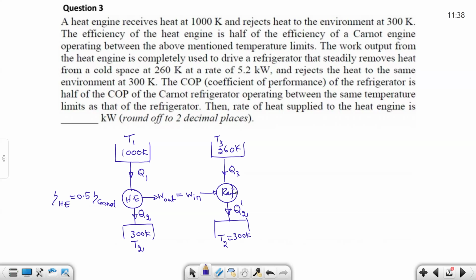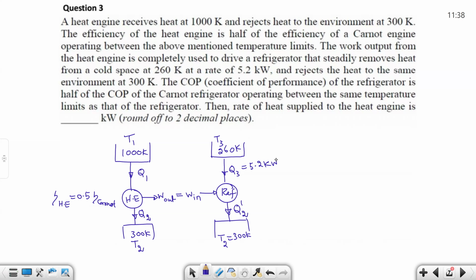Heat taken by the refrigerator is from 260 Kelvin. So the refrigerator steadily removes heat from a cold space at a rate Q3 of 5.2 kilowatt, and rejects heat to the same environment at 300 Kelvin.